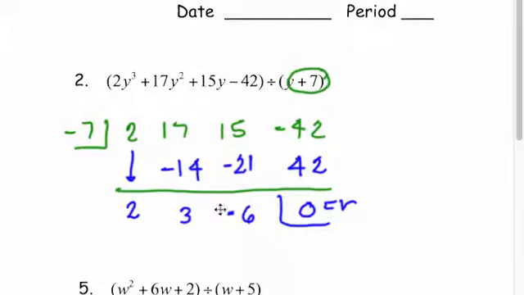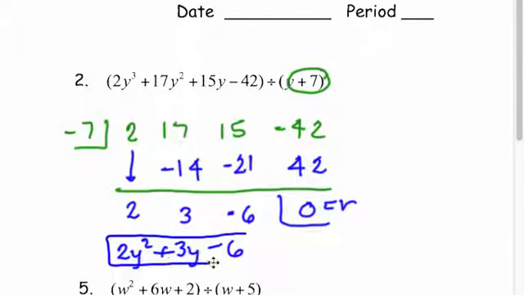To write this in a friendly form, I go over and I see what degree I need to start on, and that's y squared. So I have 2y squared plus 3y minus 6. Again, if you check back with your notes, that should match up with what we had before.